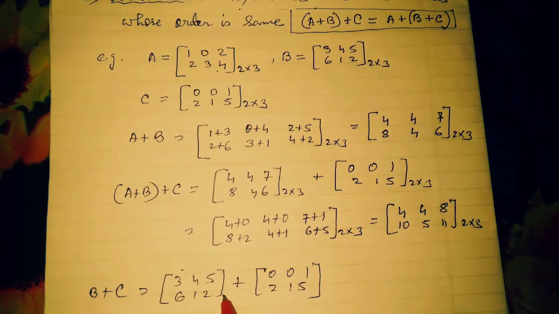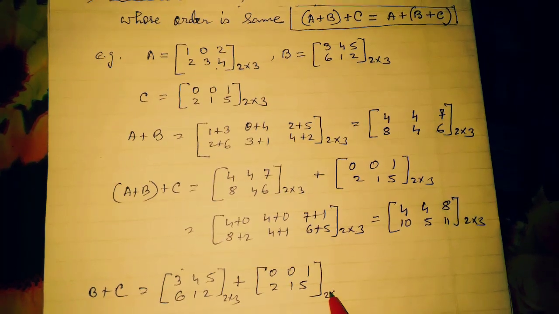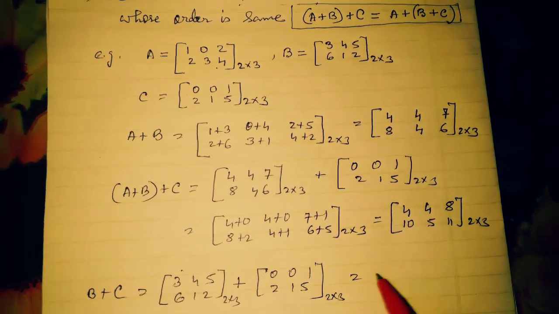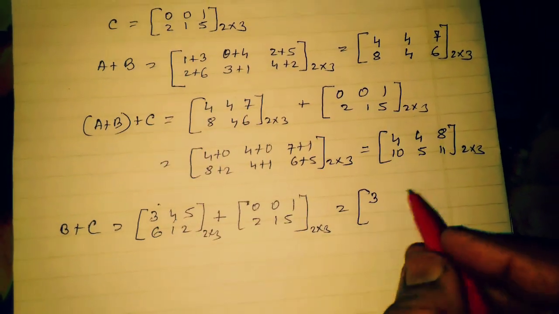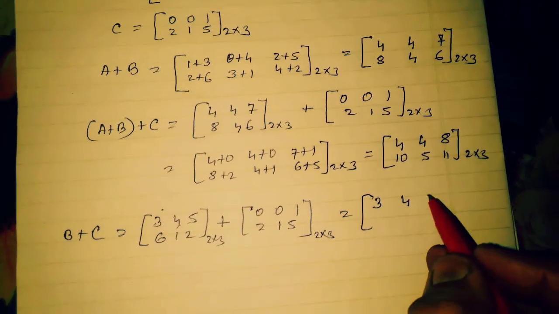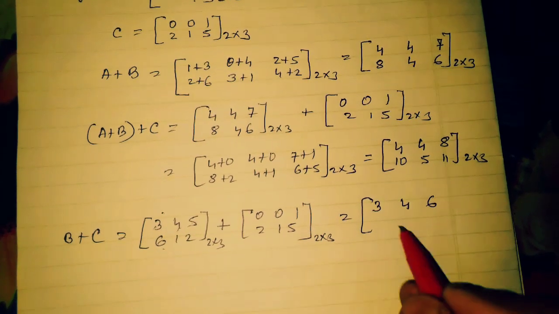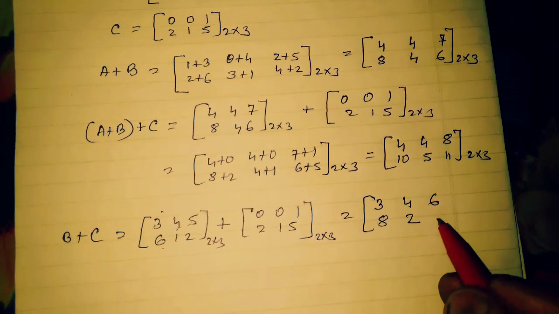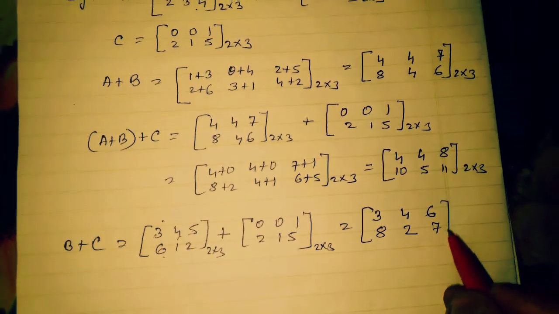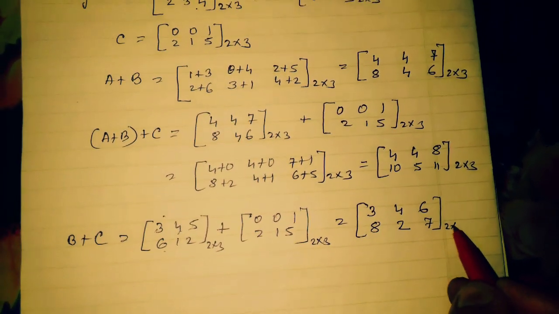Here I'm adding directly. 3 plus 0 is 3, 4 plus 0 is 4, 5 plus 1 is 6, 6 plus 2 is 8, 1 plus 1 is 2, and 2 plus 5 is 7. This is also a 2 into 3 matrix.